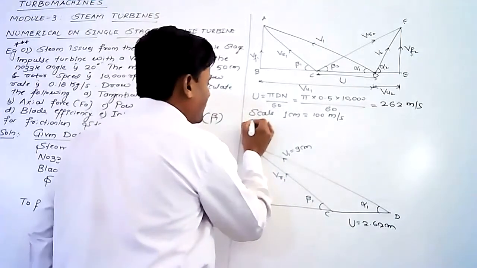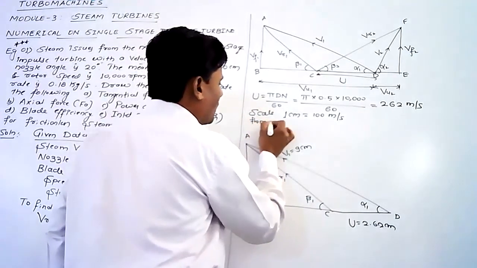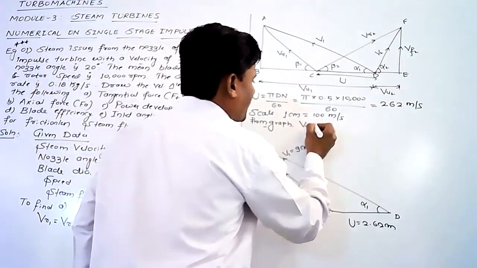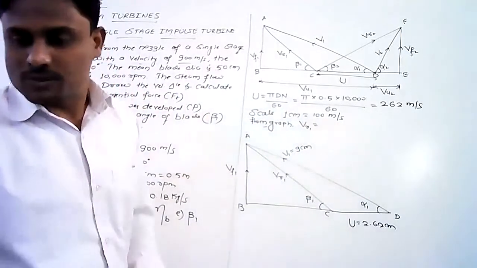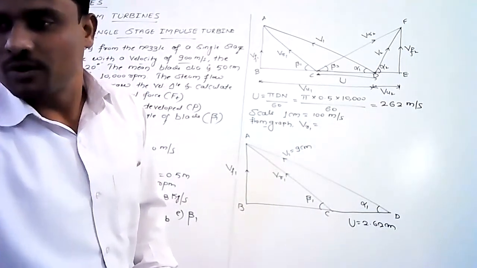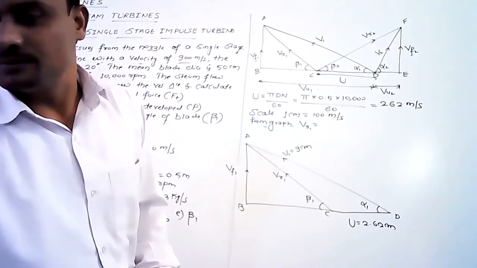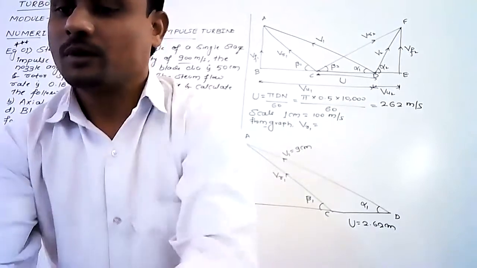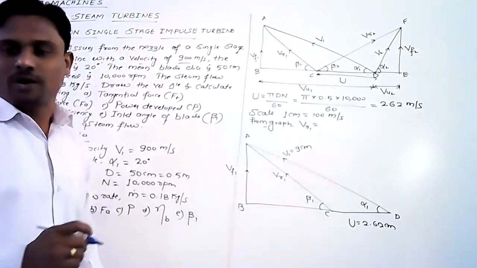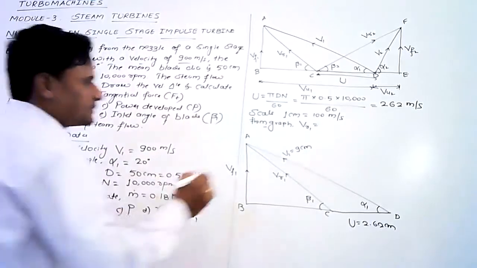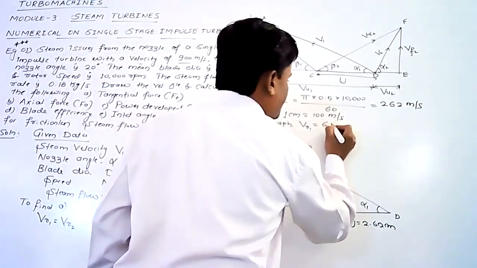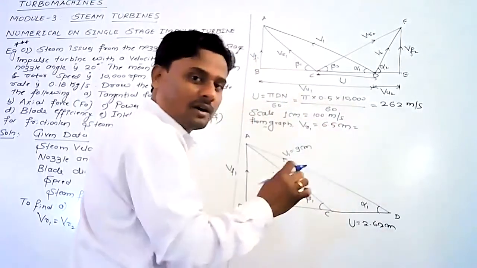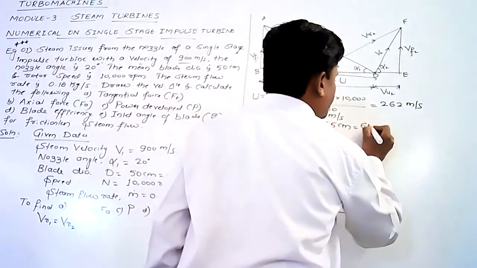So you can write here, from graph, VR1 equals 6.5 centimeters, or in terms of meter per second, just multiply with 100, you'll get 650 meter per second.